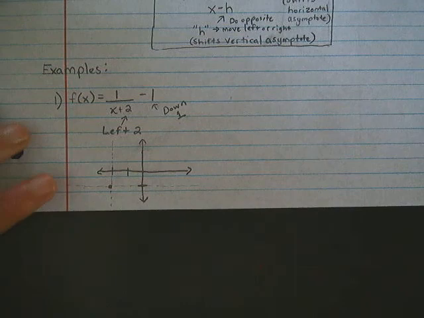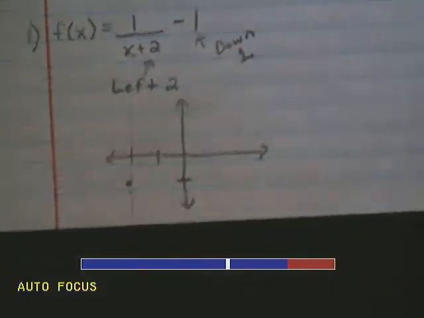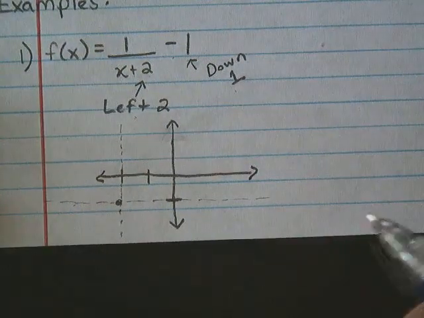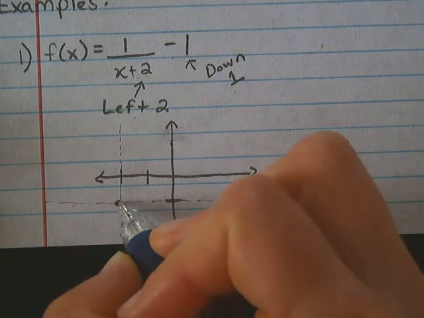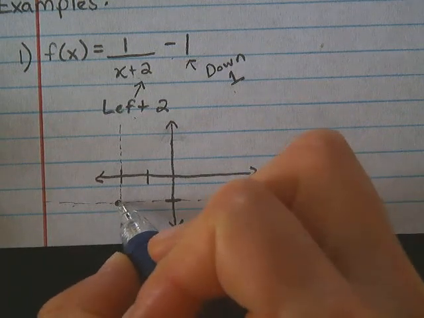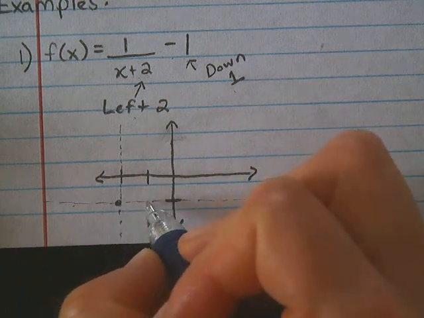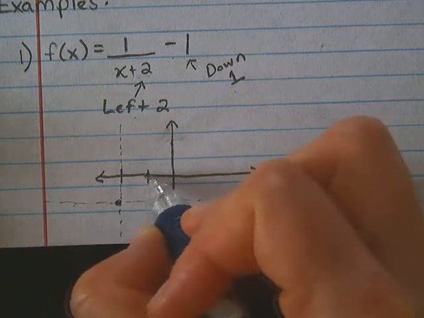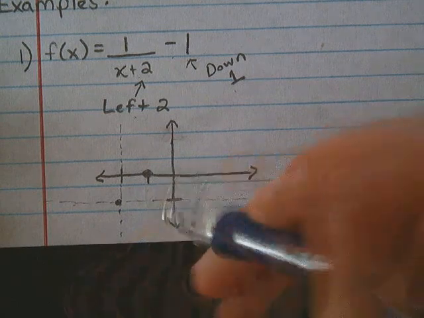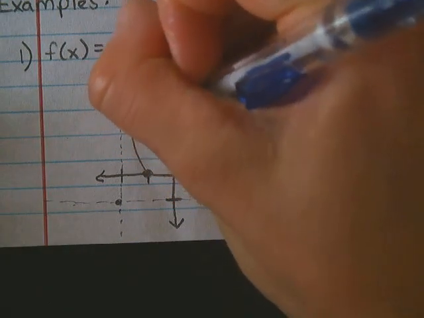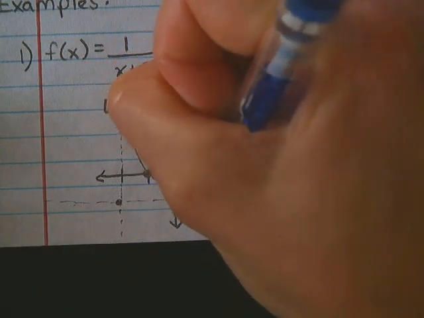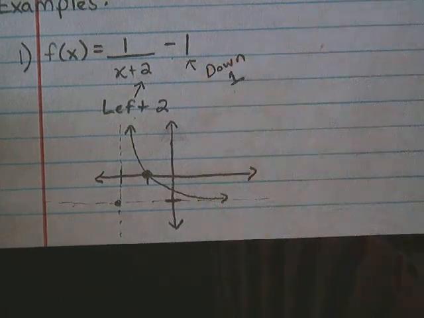So let me zoom in so you can see this graph a little bit better. From here, I'm going to go from my new origin. I'm going to go right 1 and up 1. So that would be where my new point is. And then I'm going to sketch it. Remember, you've got to sketch it so that it gets really close on each side without actually touching.